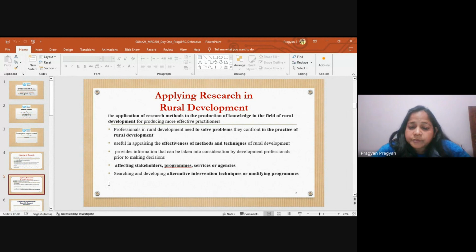In that process we are also trying to solve those problems by developing alternative programs to incorporate those loopholes, so that we can solve that particular problem and enhance the performance of a particular development program or a particular institution.